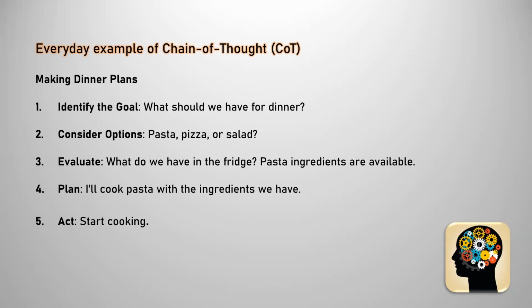Then you will see what ingredients you already have in the fridge. Maybe you have the pasta ingredients. Then you will decide, let's start the pasta. You take the required amount of ingredients that you have, and then you start cooking. Just to make dinner, we need step by step and a chain of thoughts to complete the plan.